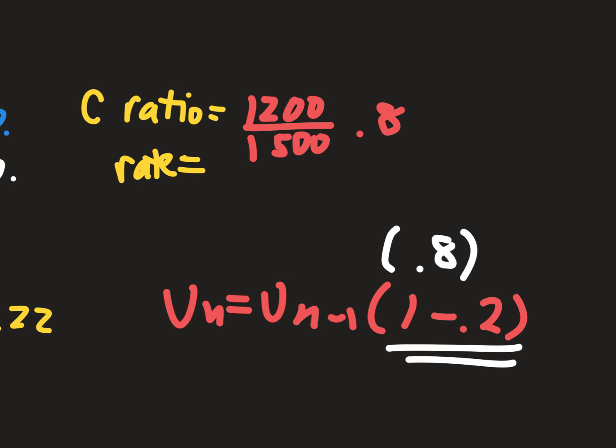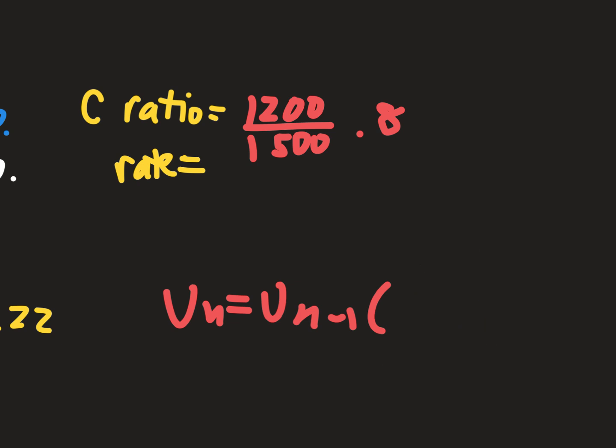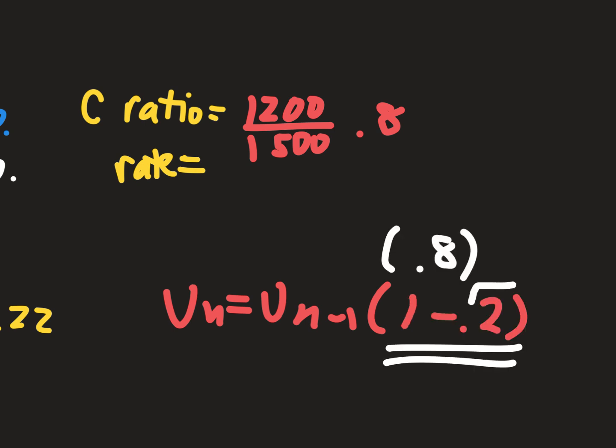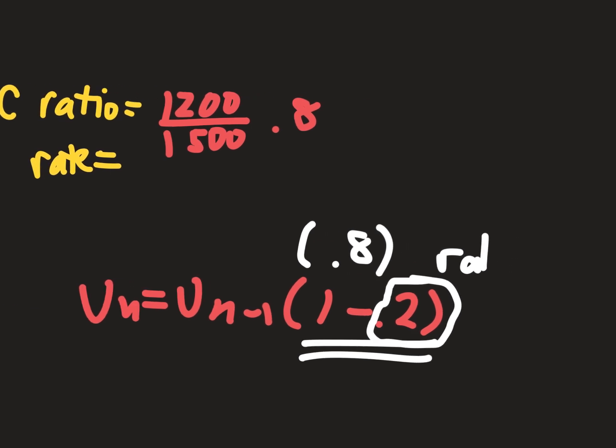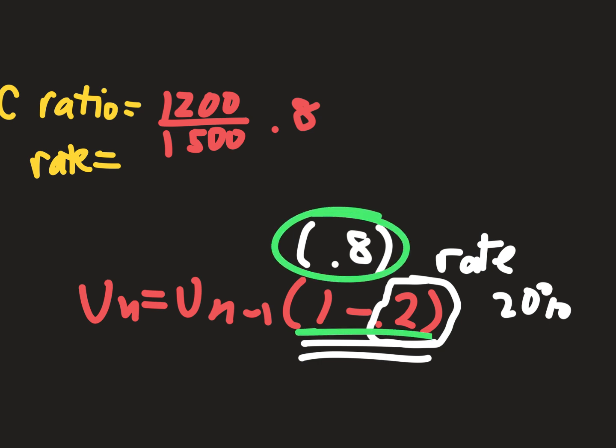Because this tells me that the whole thing, that's the common ratio. This part of it, that's the rate. So the rate is 20%, and the common ratio, you could write 1 minus 0.2, or you could write 0.8. Either of those, they're equal, right? So I'd take either one.